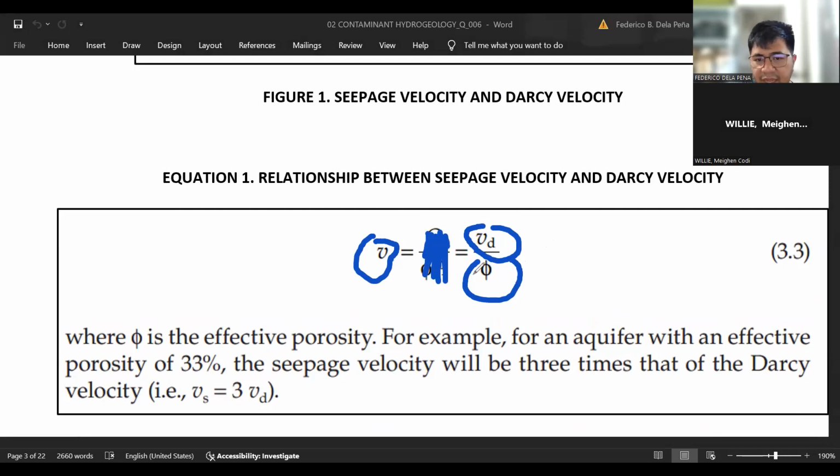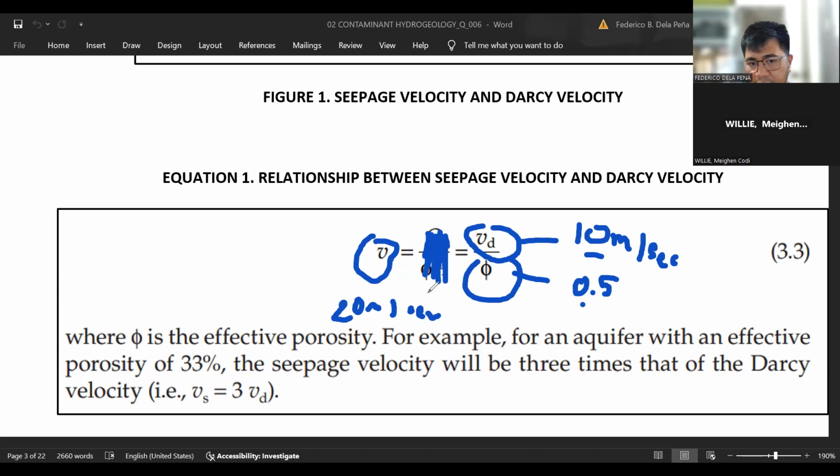So if you have an effective porosity of 0.5, and you have a Darcy velocity of, let's say, 10 meters per second, 10 meters per second divided by 0.5 will be effectively 20 meters per second. So you are effectively doubling the velocity rate for the seepage velocity.